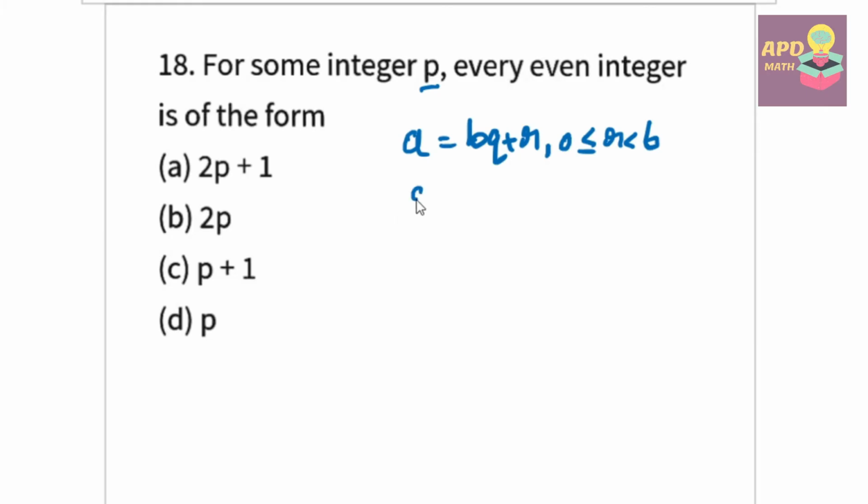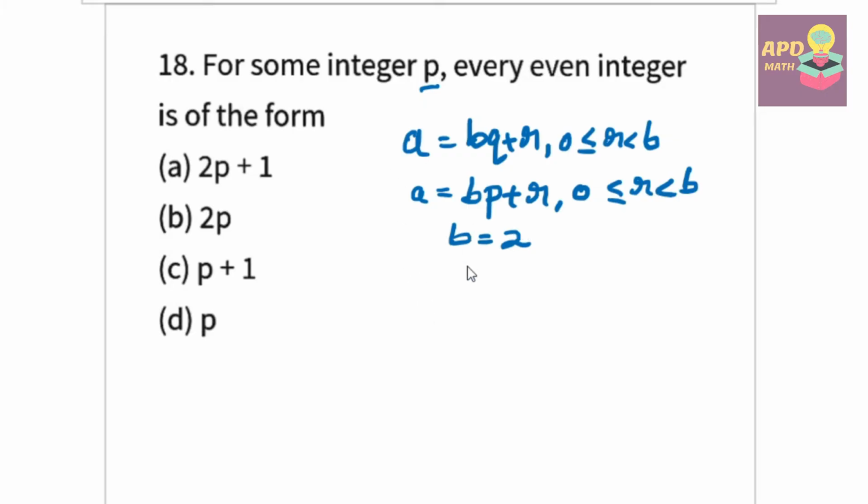So Euclid's division lemma becomes a equals bp plus r, where 0 is less than or equal to r less than b. Every even integer is of the form 2p plus 1, 2p, p plus 1 or p. Now here we can substitute b as 2.